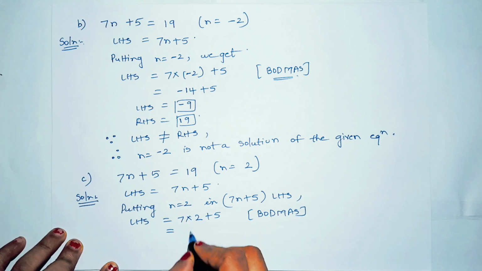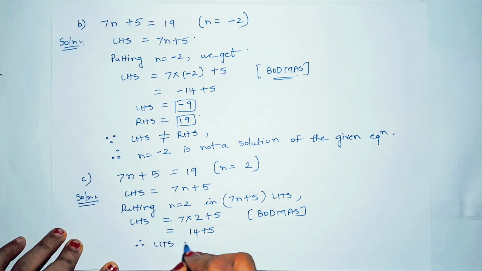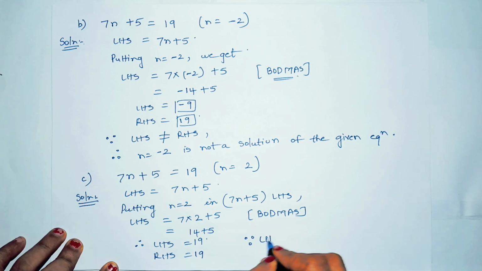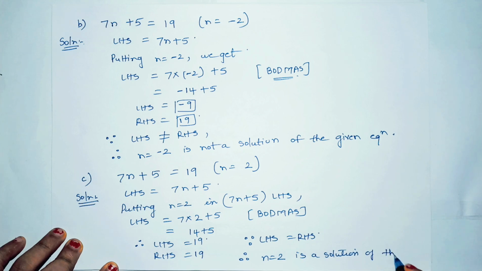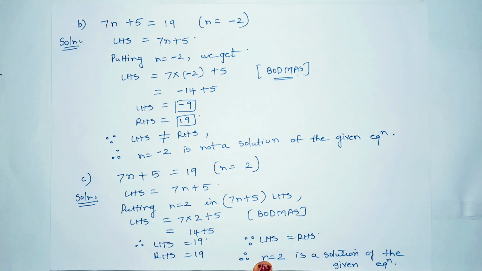So multiplication gives 14 plus 5. Therefore LHS is 19. Now you can see RHS is also 19. Since LHS equals RHS, therefore n is equal to 2 is a solution of the given equation.